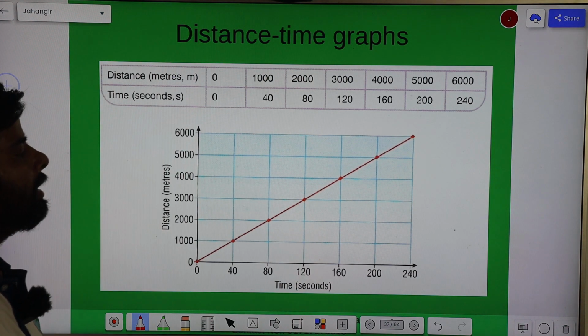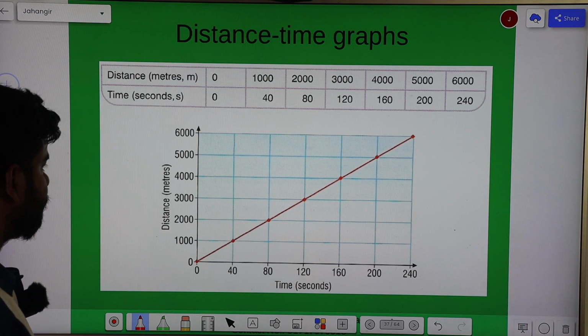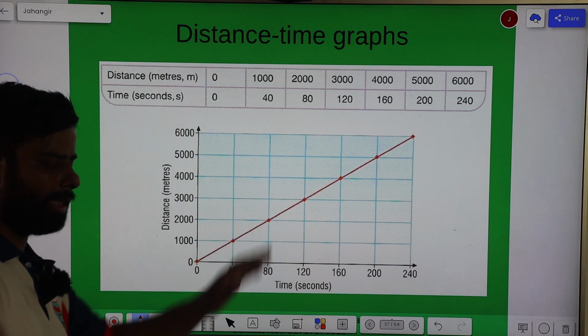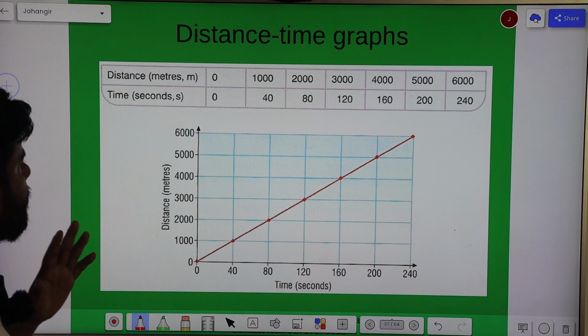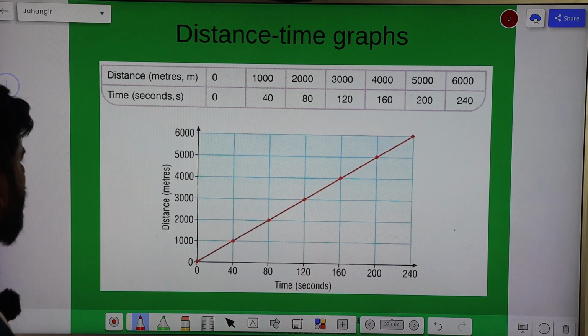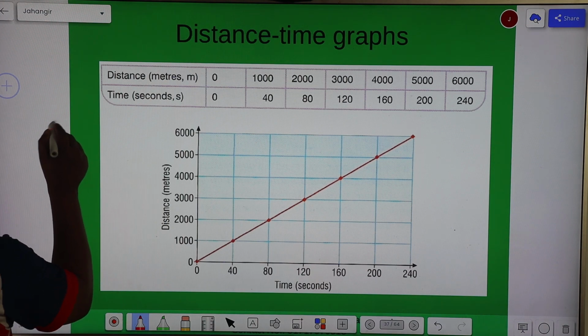Here distance is the dependent variable. If the distance time graph is a straight line, then it shows the object moves with constant speed. So how can we calculate the speed here?